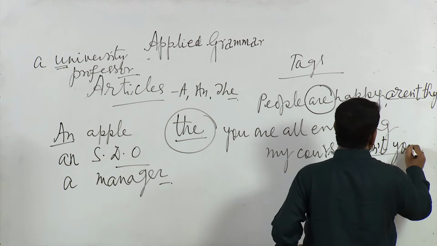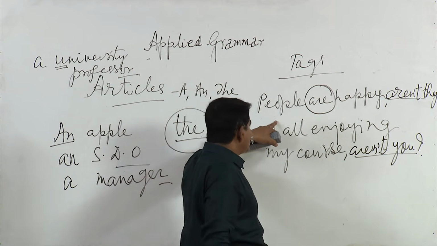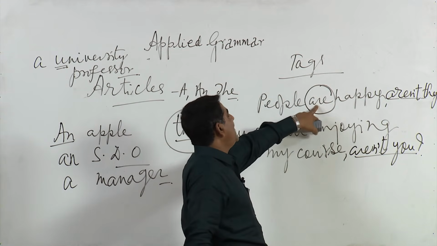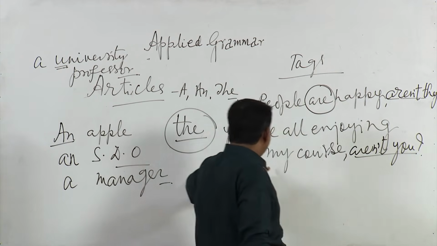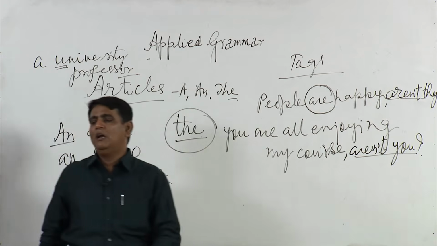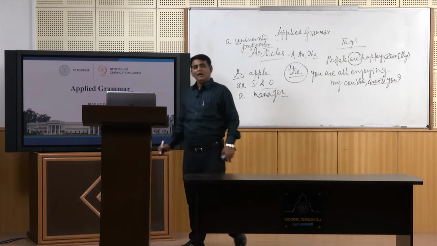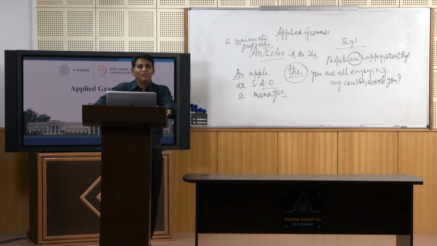So here also you will find we are using apostrophe, but please see that if the verb here is affirmative, the tag will be negative. But if the auxiliary here is negative, the tag will be affirmative. You don't like me, do you?